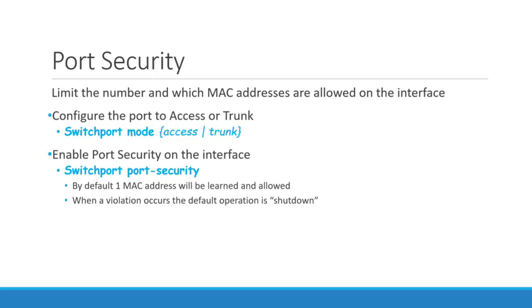What that's going to do is help to mitigate CAM table or MAC address table flooding or overflows. It can also help to mitigate the overusage of DHCP resources, right?